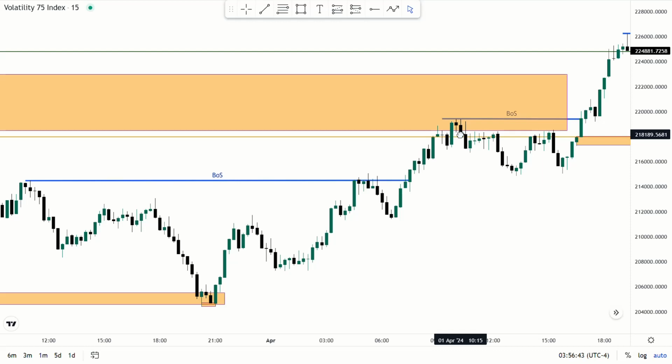So this is what you do now. Here you have to be very careful. If you are trying to buy, please don't. There's a POI here. Okay, even if the market starts coming down, just wait.